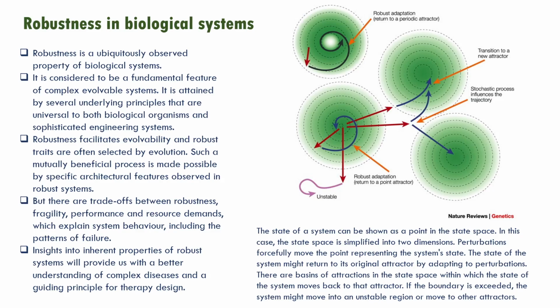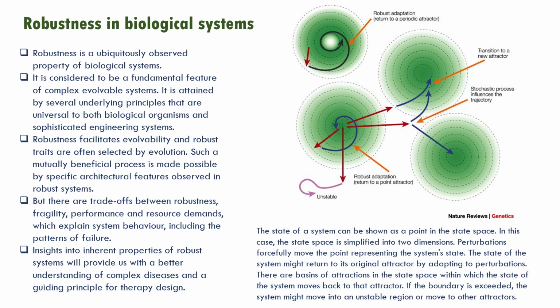This is a property that is very often seen in biological systems, because biological systems have evolved over time, and with evolution, they have built this robustness inside them. We'll see what are the mechanisms through which robustness is portrayed in biological systems. But yes, this is a result of evolution.